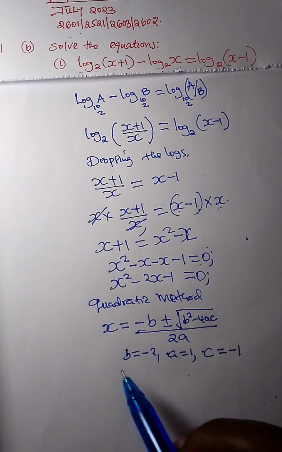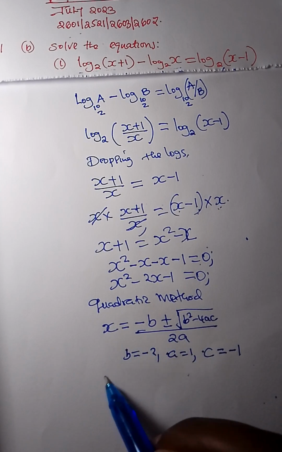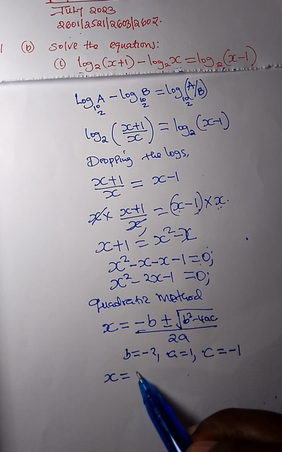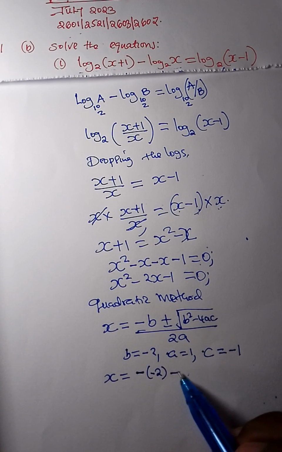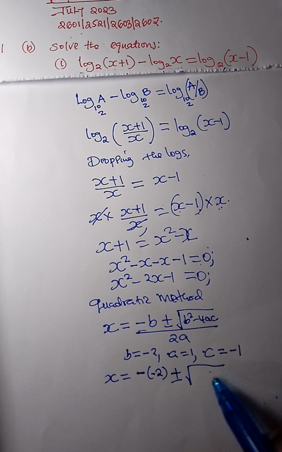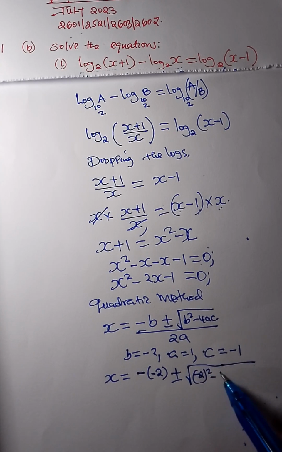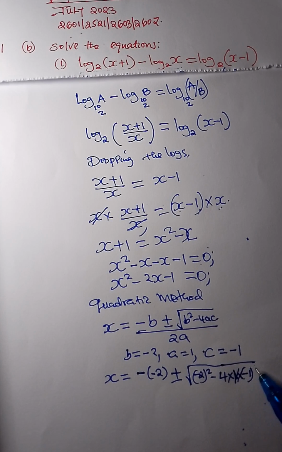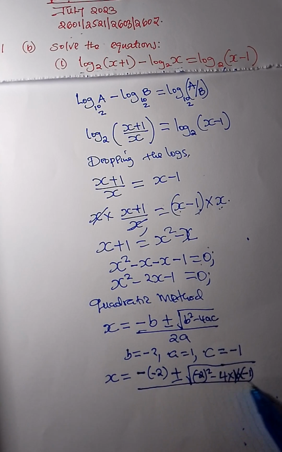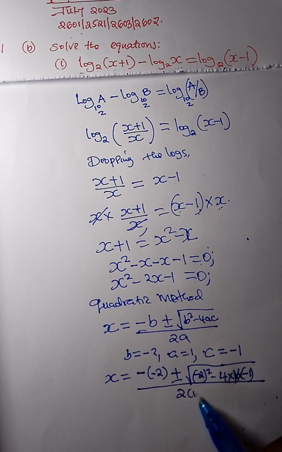Substituting into this equation, x will be equal to minus minus 2 plus or minus the root of minus 2 squared minus 4 times a, which is 1, times c, which is negative 1, and we shall divide that by 2 times 1.